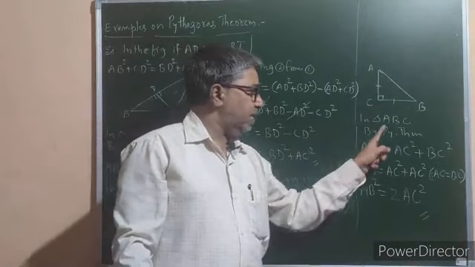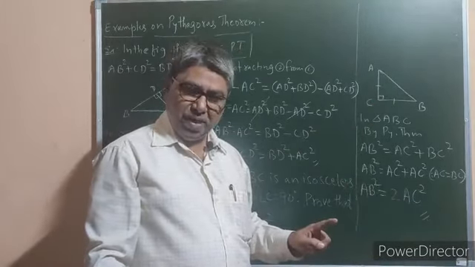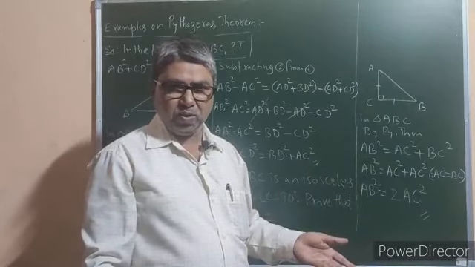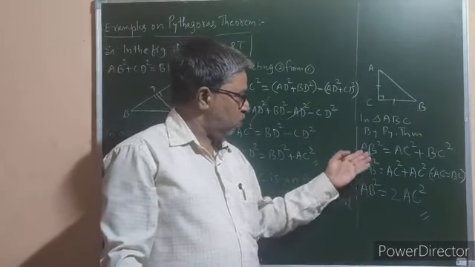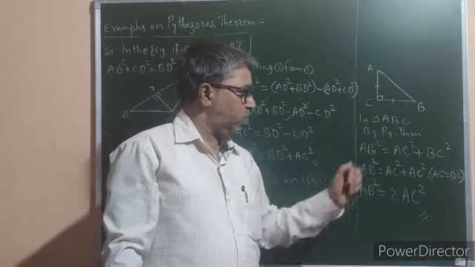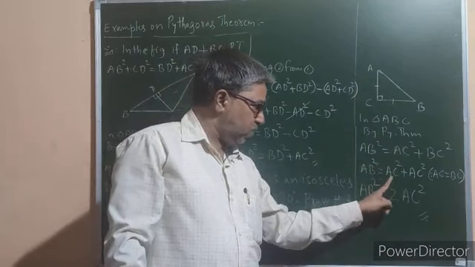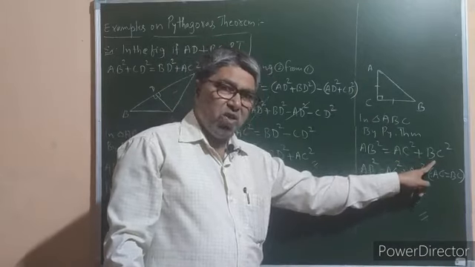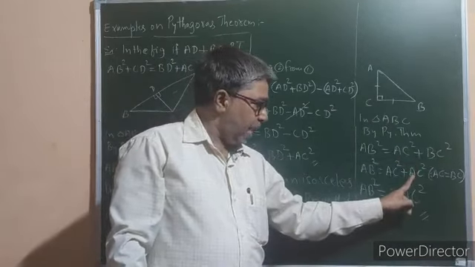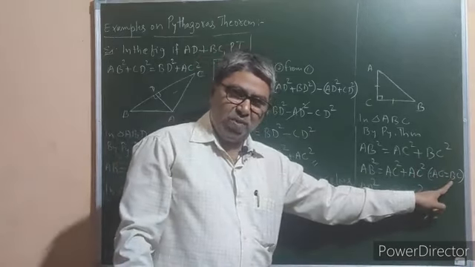Now in triangle ABC, again apply Pythagoras theorem because we are solving examples on Pythagoras theorem. So by Pythagoras theorem, AB square is equal to AC square plus BC square. Now AB square is equal to AC square plus, in place of BC square we can write AC square because AC and BC are equal.